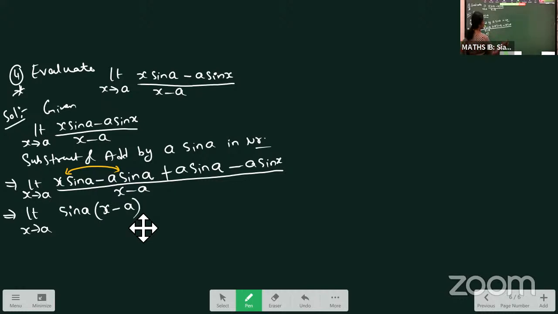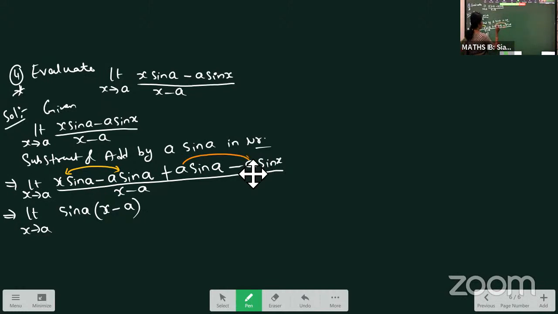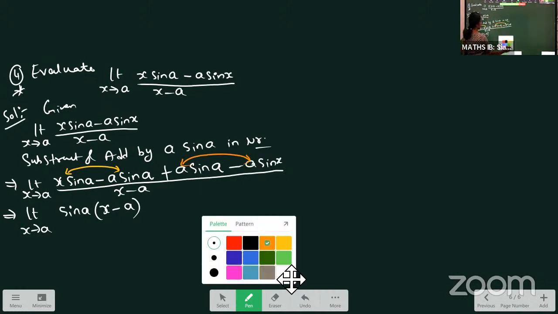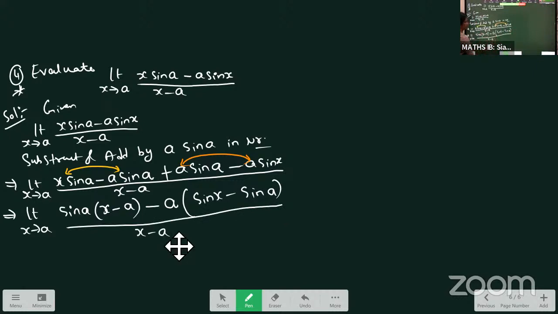In the next two terms, take minus a common. If we take minus a common, first sin x will come, minus sin a, by the denominator x minus a. In the next step, write separate denominators.